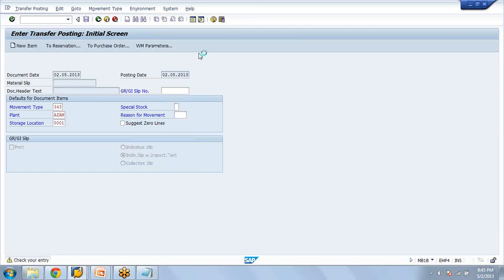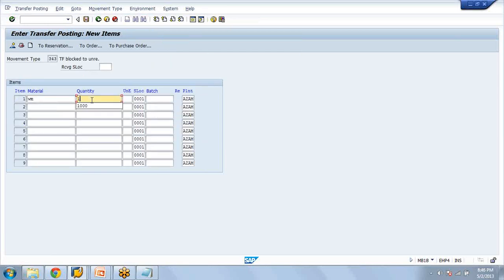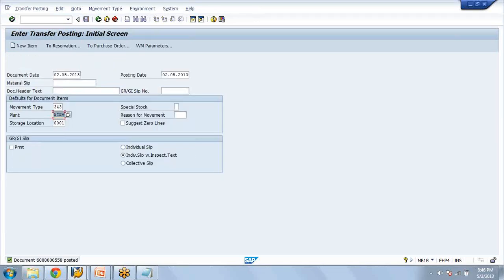So material is WM, quantity 10, receiving is also 01. So save. Document 600558 is created.